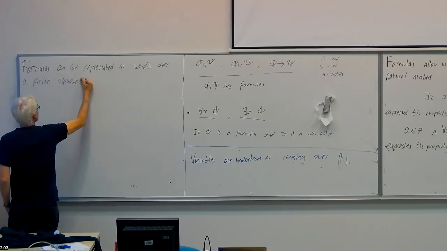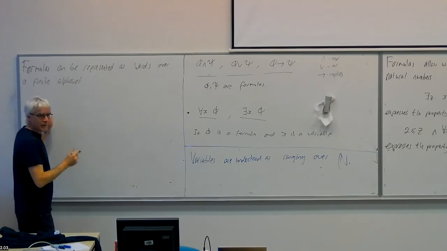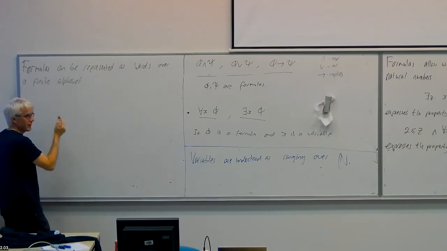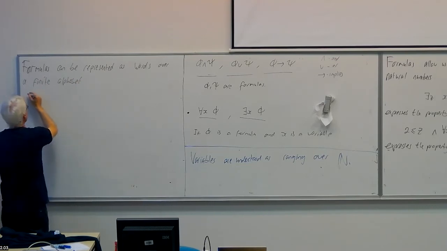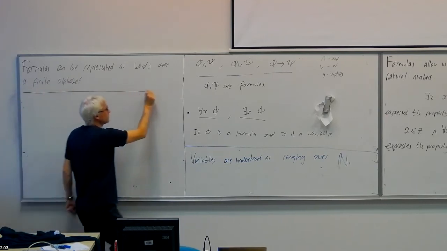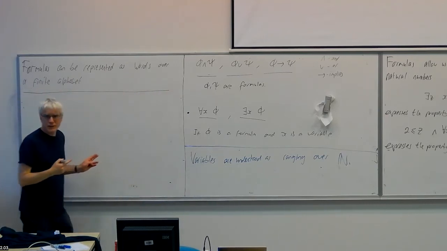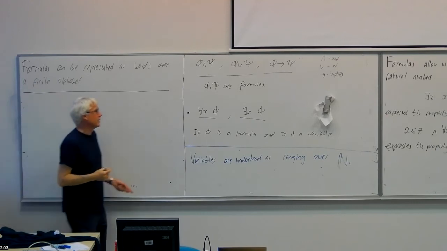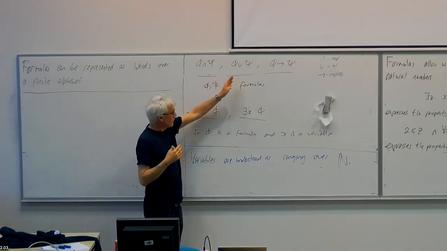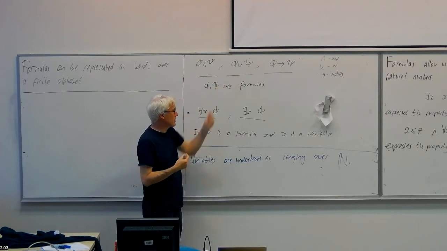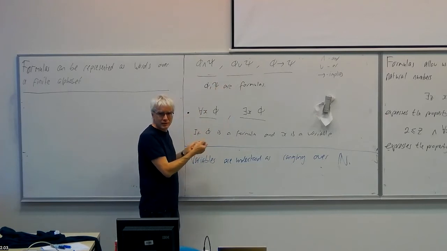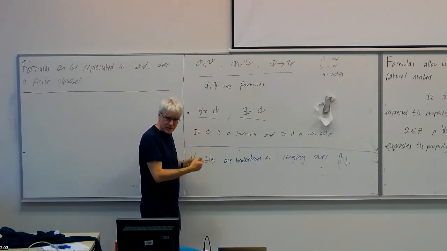And we've done enough of these kinds of encodings that I don't need to go into details about how one might do that. Now, there is a slightly tricky point, because for a formula to be well formed, you need to combine the symbols in a particularly good way.